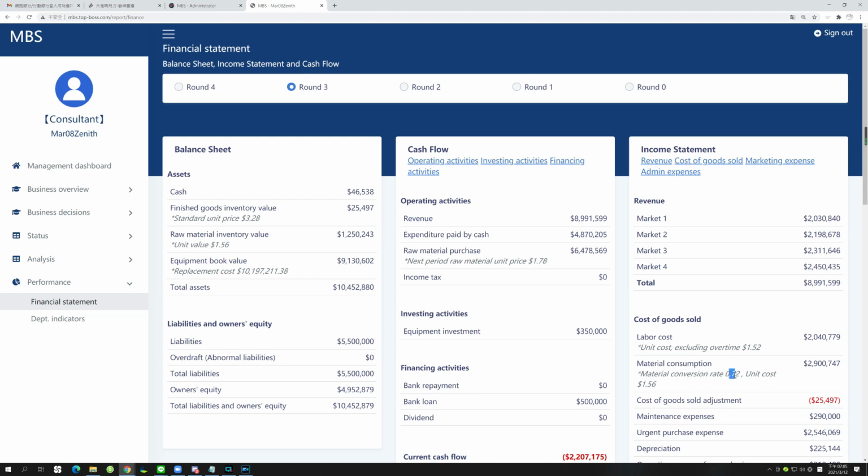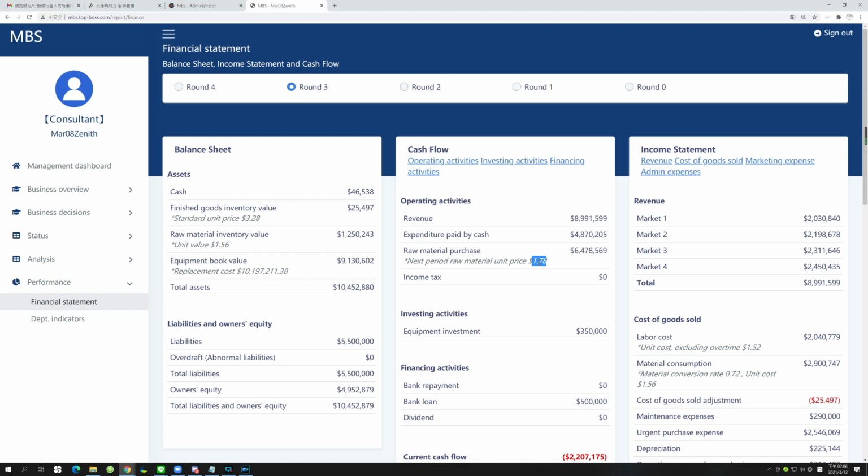When you look at $1.78 for the material unit price against the round 0 price of $1.15, there is a 60 cents difference. So for each unit of raw material we use for production, with 60 cents on the material unit price as well as the material consumption of about 1.5, the cost of making this product will be around $1.